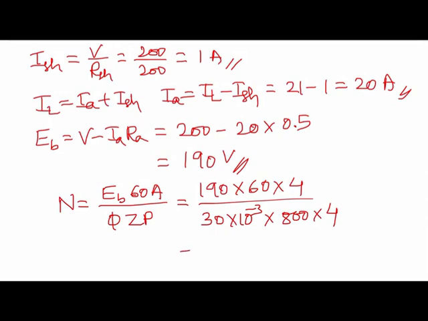Upon calculating this, the speed is 475 RPM, rotations per minute. So this is the speed of the DC shunt motor.